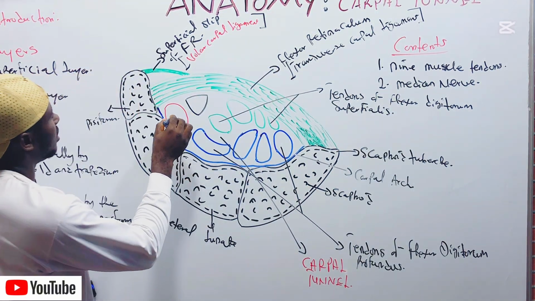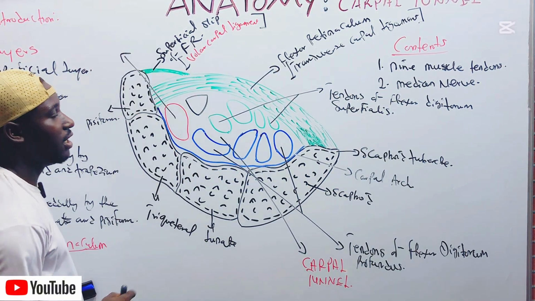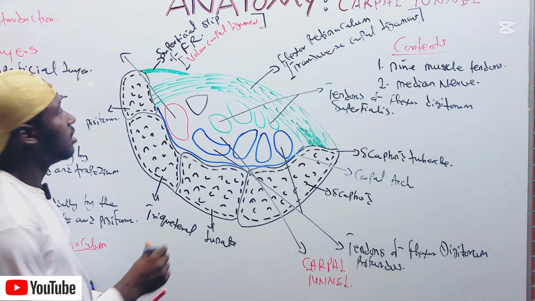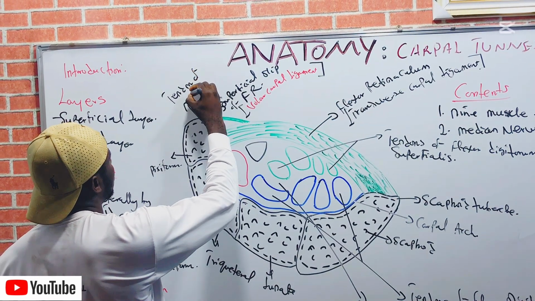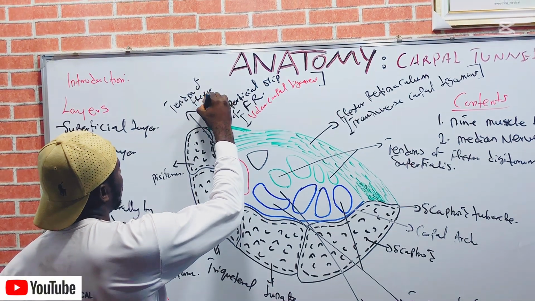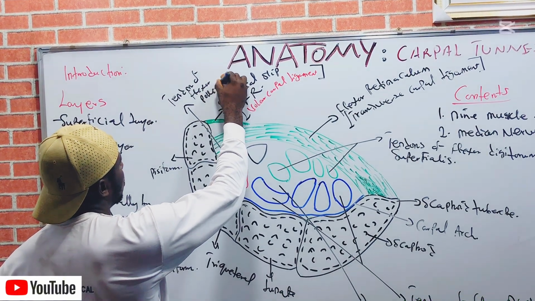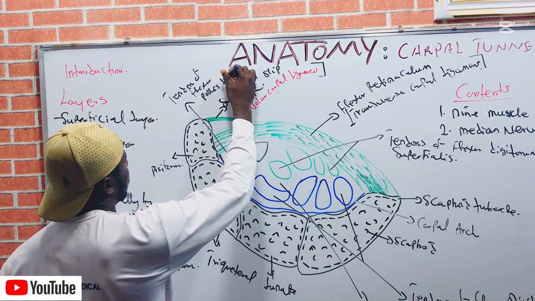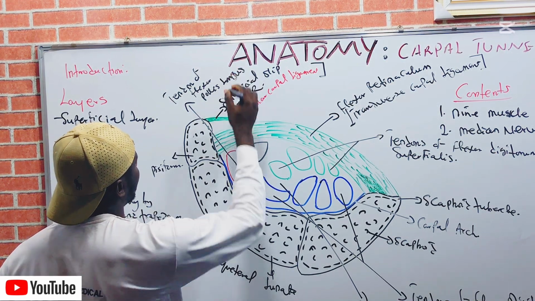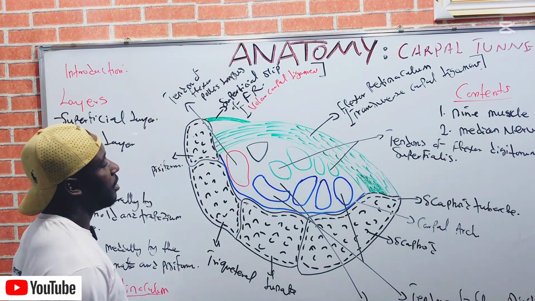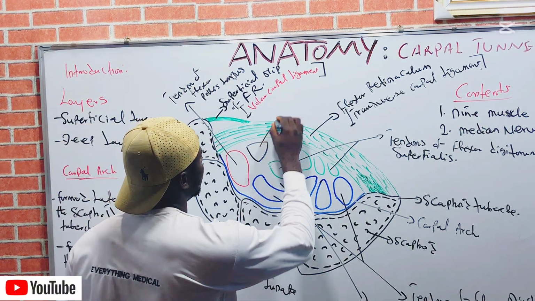Now, this is the tendon of the flexor pollicis longus. And this is the median nerve.